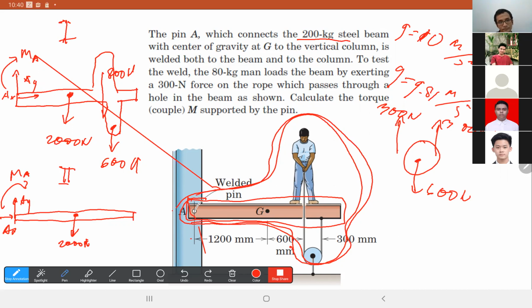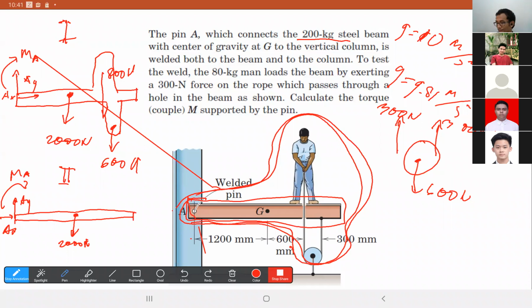Okay. What else is there? How about the contact between the man and the beam? Will there be any force there? Ahmad Rashid, will there be any force there?